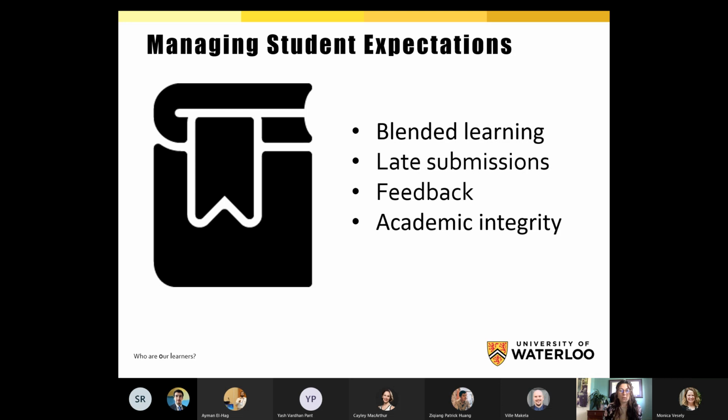So I would say the main thing you can do here is just clarify your expectations. It might seem silly, it might seem really trivial to say 11:59 p.m. on Sunday really does mean that, unless you come to me with a verification of illness form or whatever your policy might be. But that will be an important message for students, really clarifying your policies for late submissions so that everyone's on the same page.